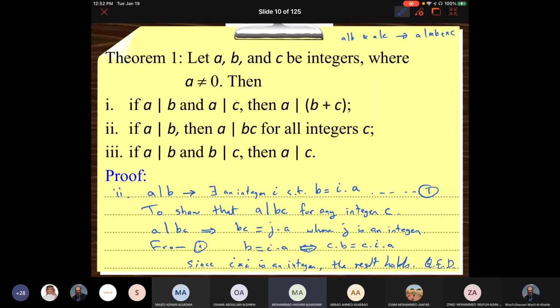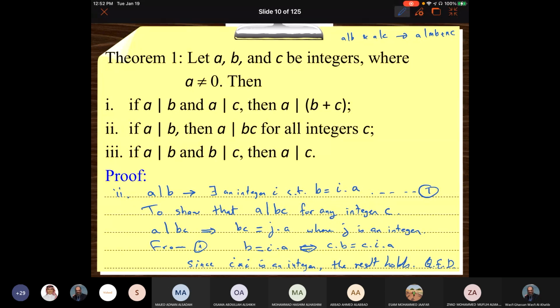You're not using the theorem. I want you to use the theorem, guys. I need somebody to tell me how do you use this theorem in proving that if A divides B and A divides C, then A divides MB plus NC.